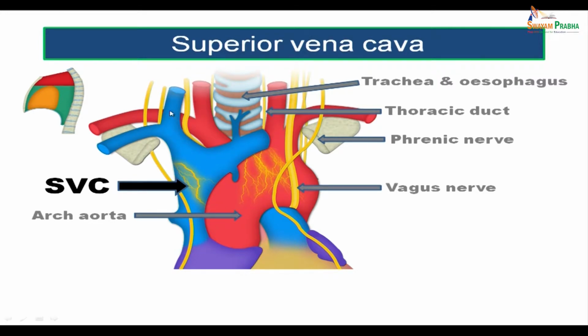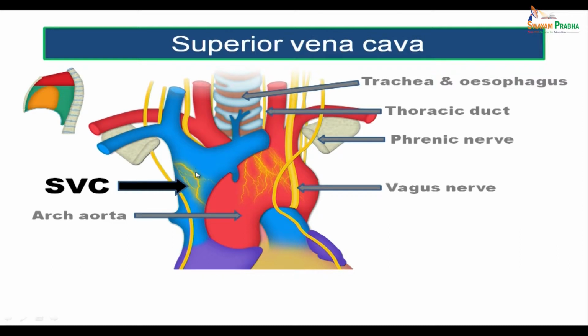So, formation is by the union of the right and the left brachiocephalic veins at the level of the first costal cartilage. Termination is into the sinus venarum of the right atrium at the level of the third costal cartilage. So, it extends from the first costal cartilage to the third costal cartilage, 7 centimeters in length.